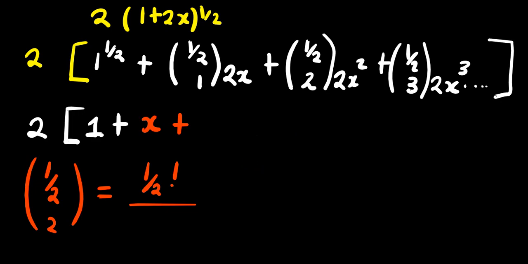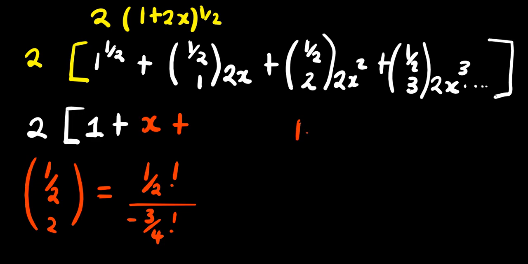So this would be negative 3 over 4 factorial, or is it negative 3 over 4?